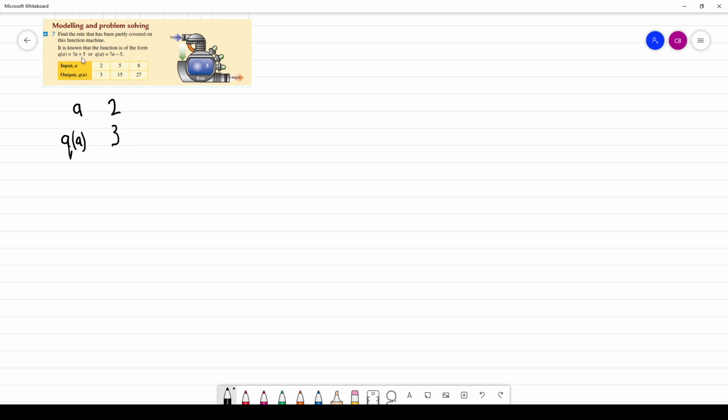We have the first rule to look at, and the first rule says that Q(a) equals something times a plus 5. So if we just sub in what a is and what Q(a) is, the only thing that we do not know is this question mark.